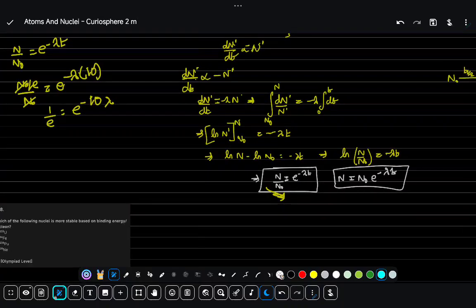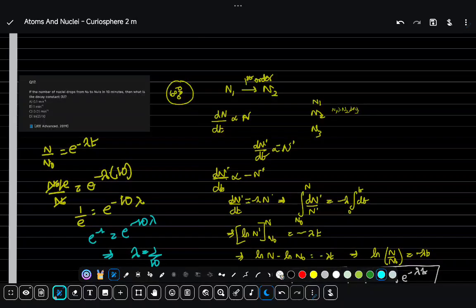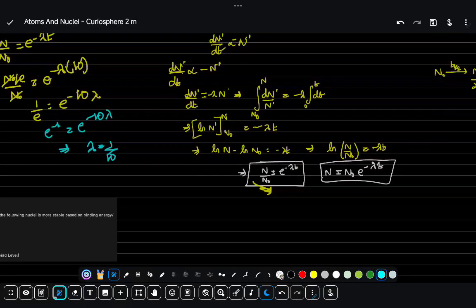Now coming to this side, you can write e power minus 1 equals e power minus 10 lambda. Now if we equate the powers on both sides, because the bases are the same, lambda is equal to 1 by 10 minute power minus 1, because this 10 minutes comes to the denominator.